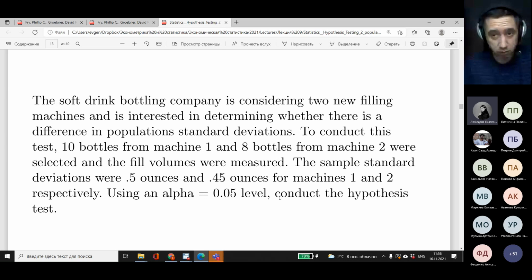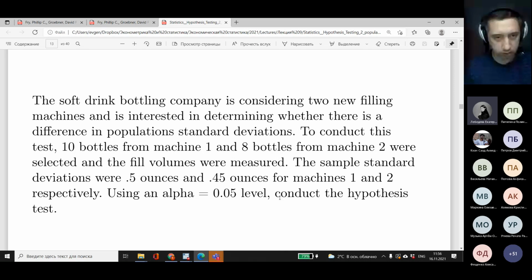To formulate the statistical hypothesis, we can read the first sentence. The soft drink bottling company is considering two new filling machines and is interested in determining whether there is a difference in population standard deviation. Hence, we work with a two-tailed test because we check whether a difference exists between two standard deviations. When we formulate the statistical hypothesis, we cannot rely on standard deviations.